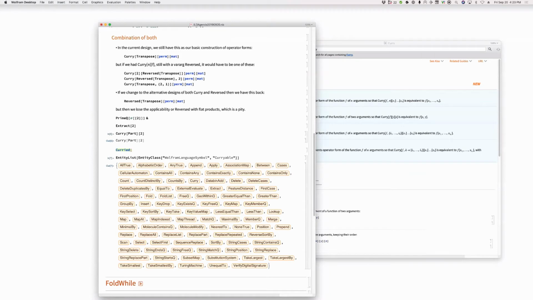Lucas is saying that curry of part of 2 is ugly, and I completely agree with that. Should it be curry or curried, given that it's reversed? I'm so used to curry now, but curried sounds well too.